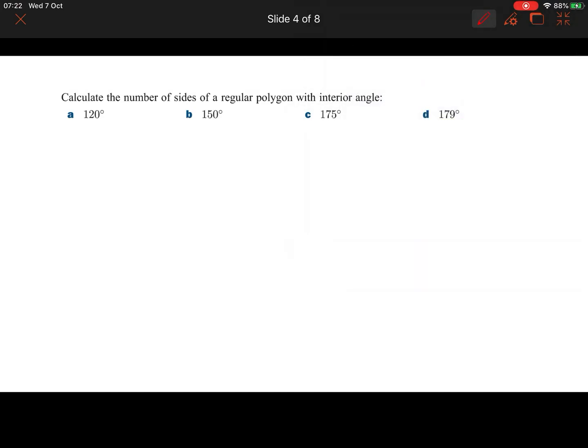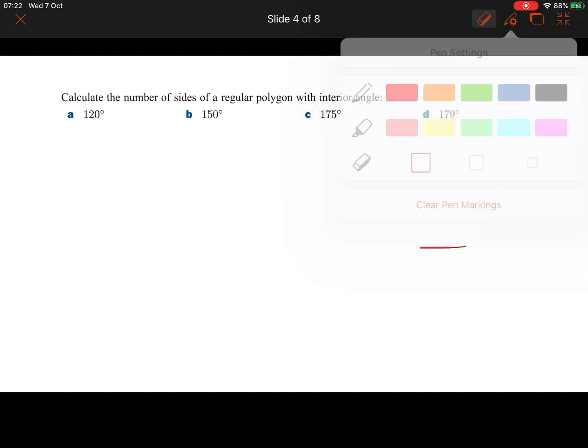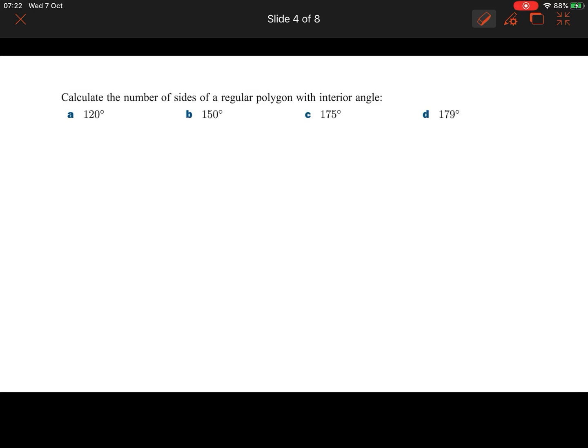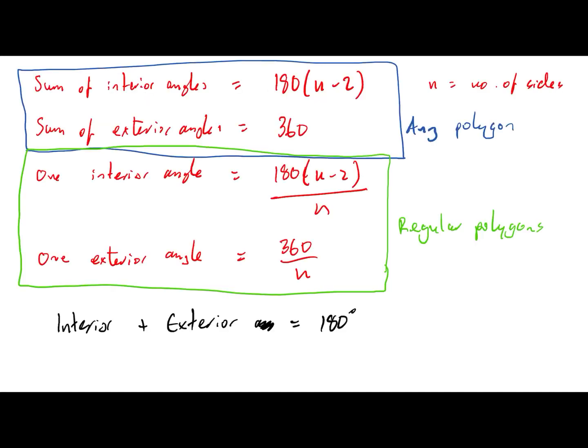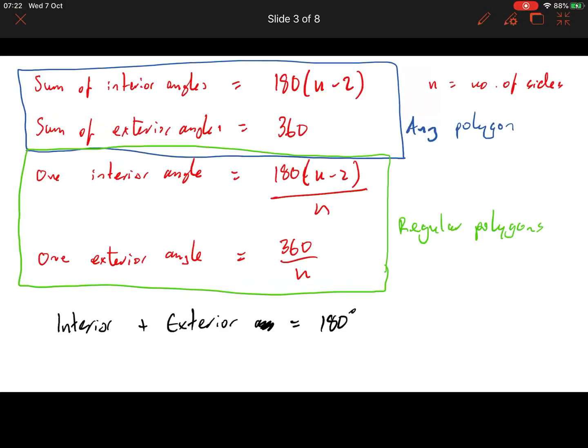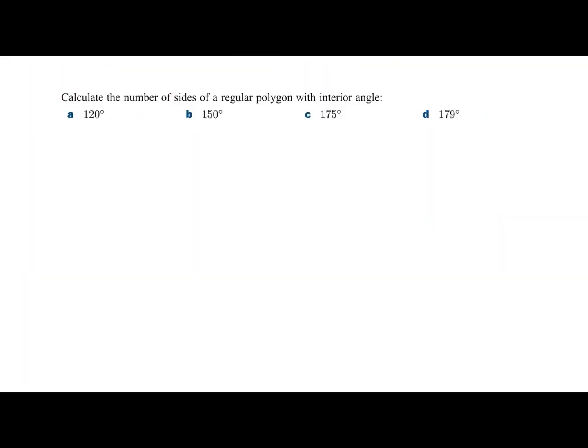There's two ways to do these, okay? What I would do is say, okay, we've got the size of one interior angle in a regular polygon. So which formula are we going to use? Well, we need to use this formula here. One interior angle in a regular polygon.